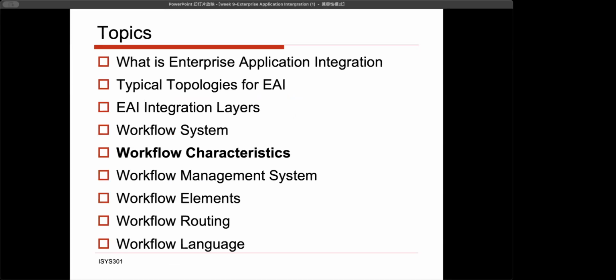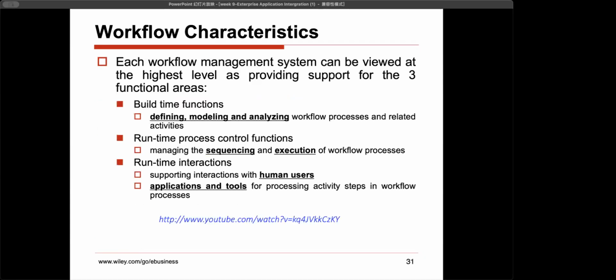The workflow characteristics. Each workflow management system can be viewed at the highest level as providing support for three functional areas. Build time functions, okay, define, model and analyze workflow processes and the related activities.